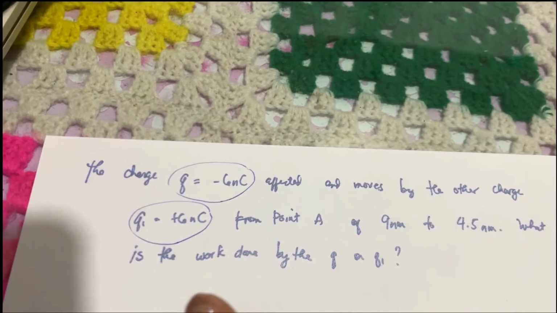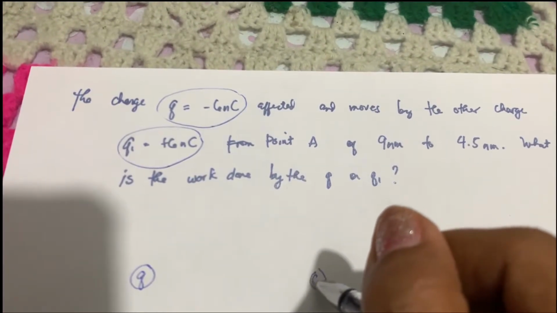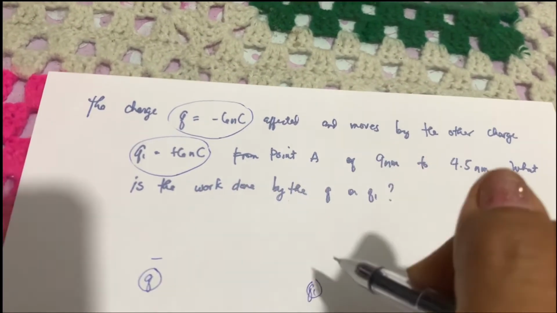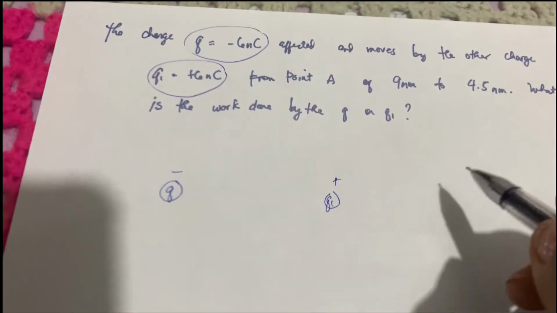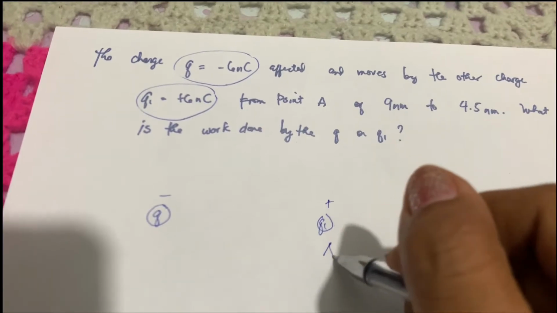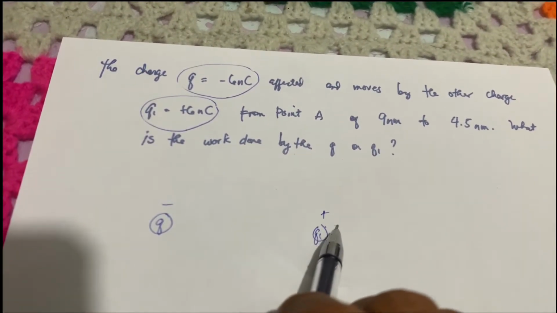So for example, here is the Q, and this is your Q1. This is negative, this is positive, right? Then from point A, this is your point A here, because this is an attractive force, negative and positive, right?